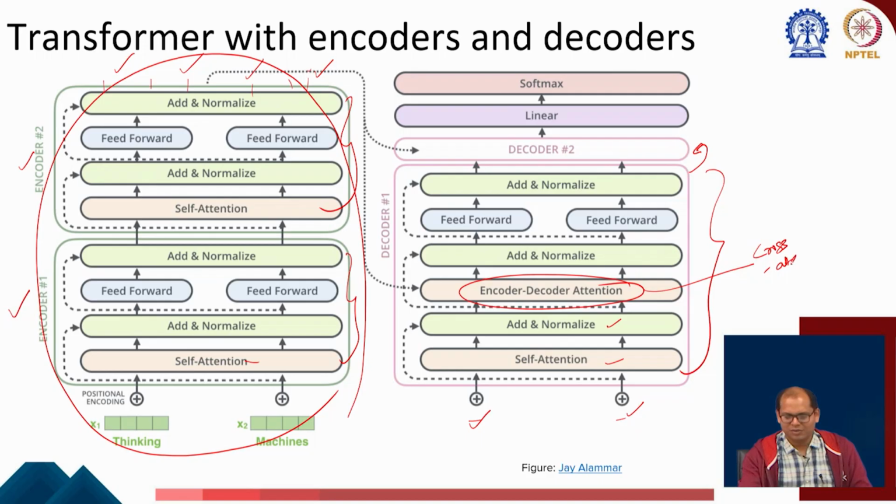The other one was self attention, which is within the encoder itself, and this is also self attention, within the decoder itself. But this part is cross attention because the decoder is attending to the encoder while generating the representation, and this is an extra thing. And then you have add and normalize, feed forward, add and normalize. This is something we have already learned. You have multiple decoders.